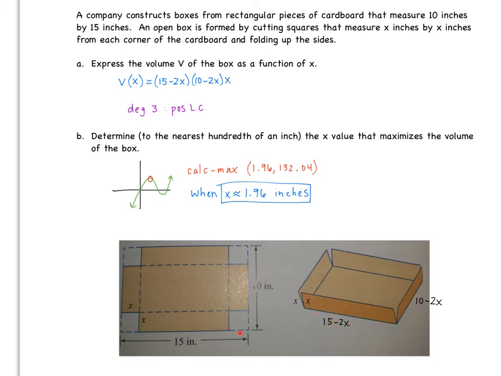Well, the whole length is 15, but I have to take away this x piece and this x piece. That's where we got 15 minus 2x. Similarly, this side started out with 10 inches, but I cut away x inches from both sides. So really this length of the box, when it's all folded, is 10 minus 2x. The height of this box right here is just x.